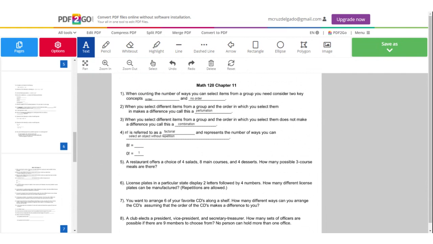So a factorial is just a way to represent numbers where you can just go in and select one object at a time without repetition.